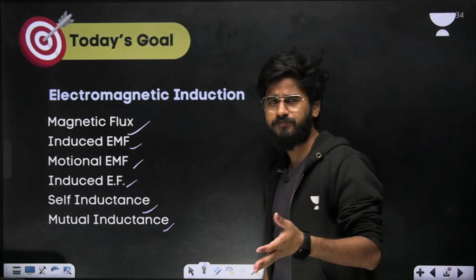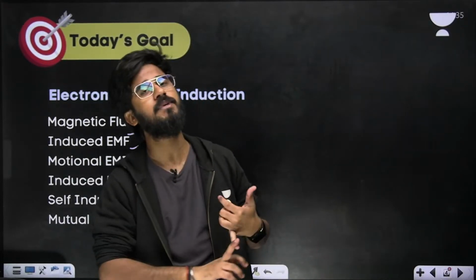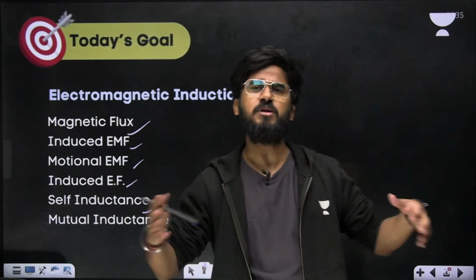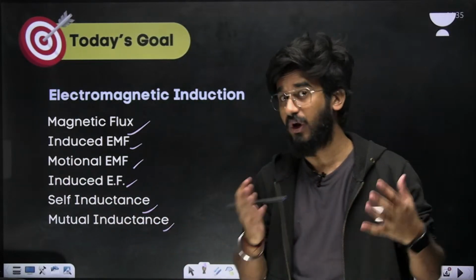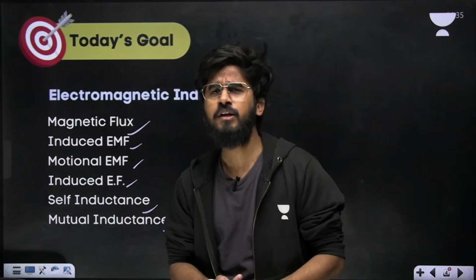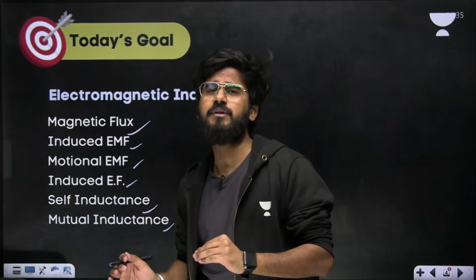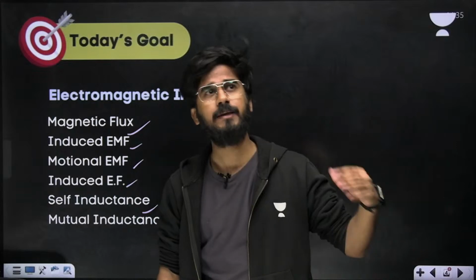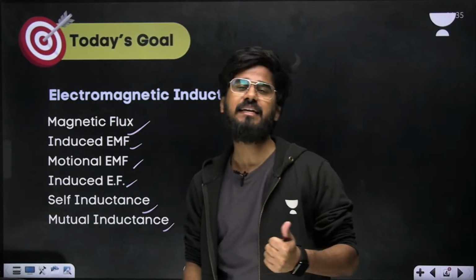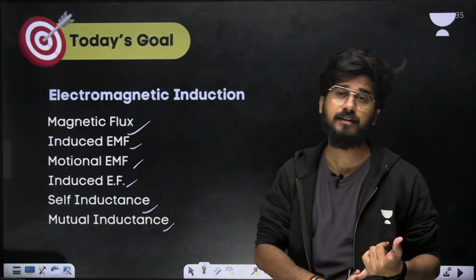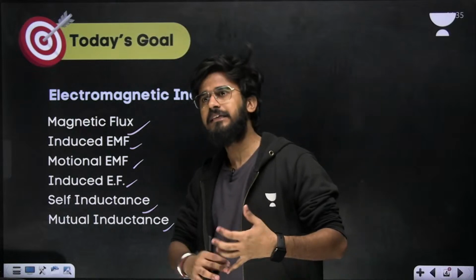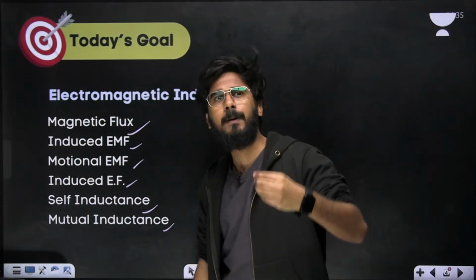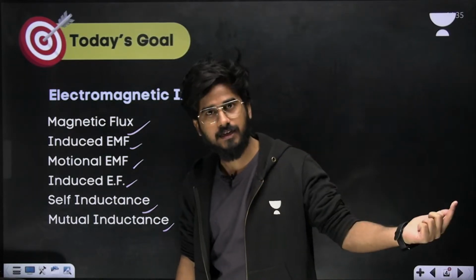First of all, this chapter is an application of some important chapters like magnetism. If you have studied electrostatics or magnetism, then this chapter is like a continuation of them.